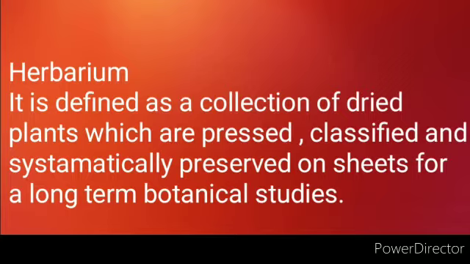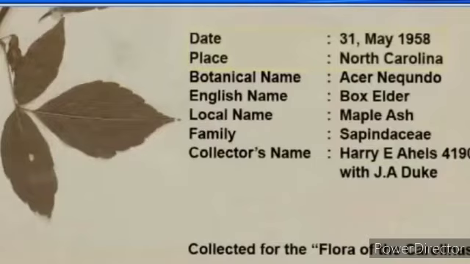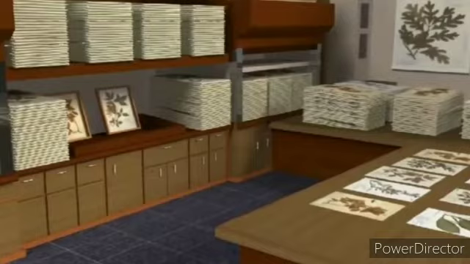Herbarium is a storehouse of collected plant specimens that are dried, pressed and preserved on sheets. Further, these sheets are arranged according to a universally accepted system of classification. These specimens, along with their descriptions on herbarium sheets, become a storehouse for future use.